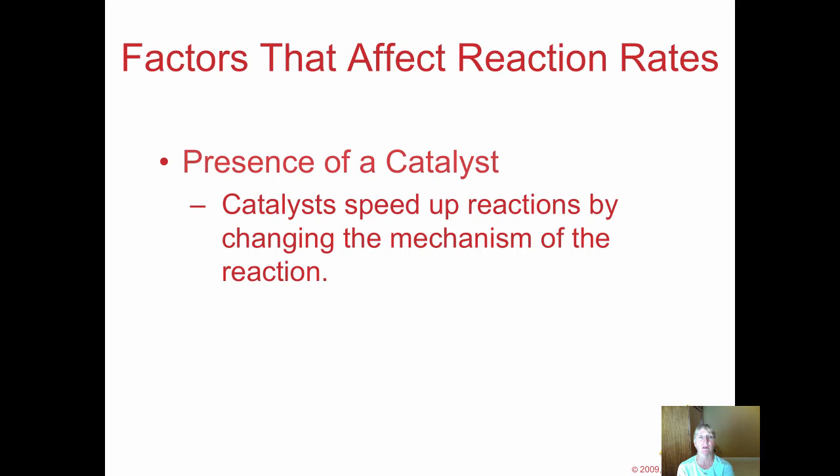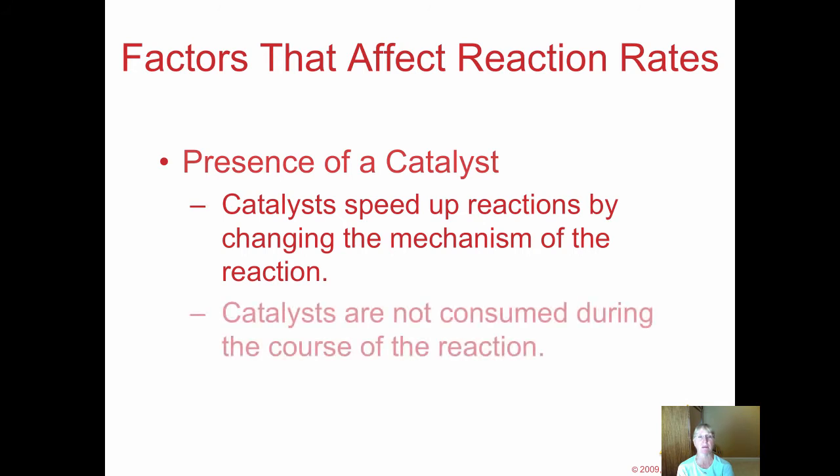Finally, the last factor is the presence or absence of a catalyst. A catalyst will speed up a reaction by changing the mechanism of the reaction. A specific example might be a catalyst might act as a go-between between two reactants and link up part A with part B by acting literally as the middleman.